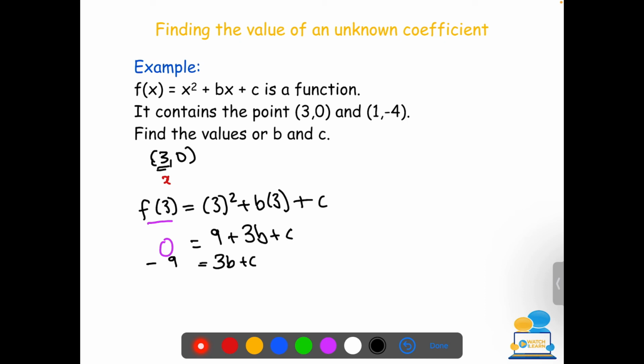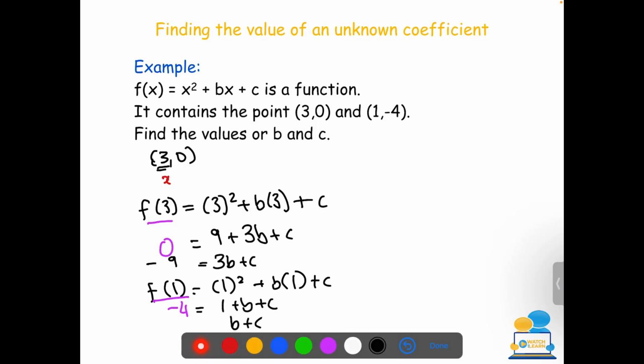Right, I'm going to do the same now for (1, minus 4). So f of 1 is equal to 1 squared, add b by 1, add c. That is 1, add b, add c. Again, I can replace my f of 1 with my y value, which is minus 4. We're going to get our letters on one side and our numbers on the other.